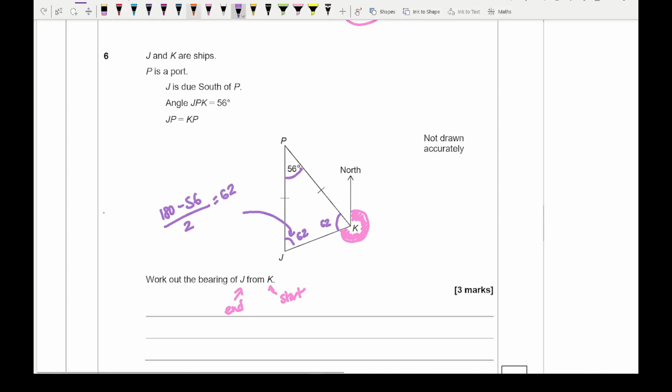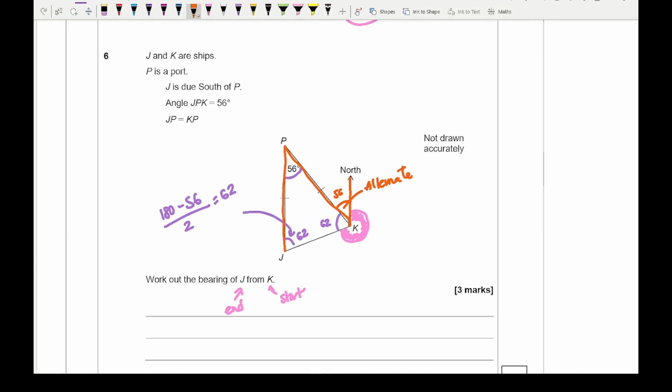So the next thing for me is to know what this angle here is. Now as you can see, as north and PJ are parallel, because they're both representative of the north line, this represents what was formerly known as a Z angle, which is now more formally known as an alternate angle. So this angle here is going to be 56 because it is alternate.